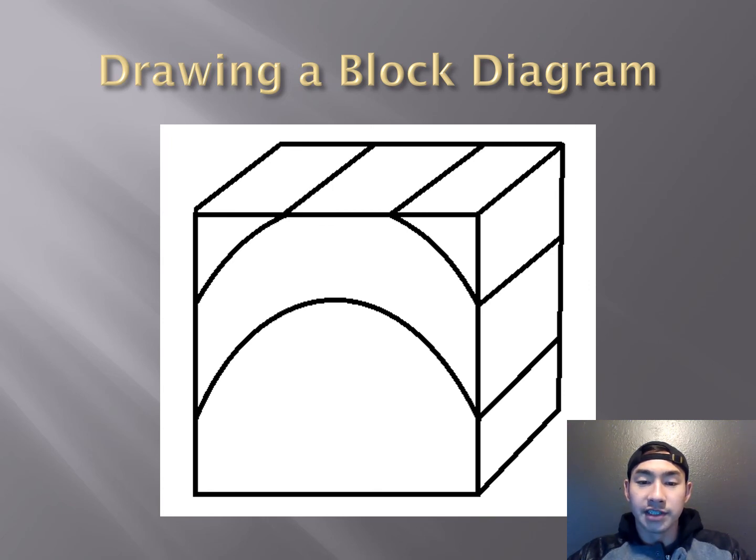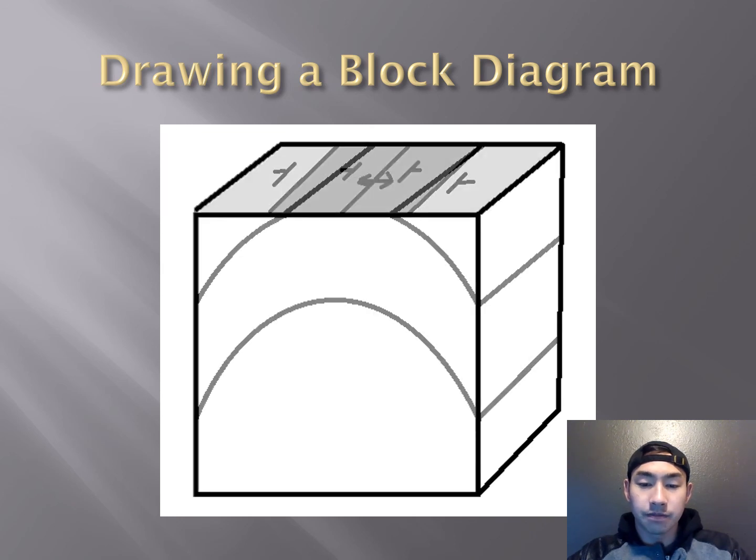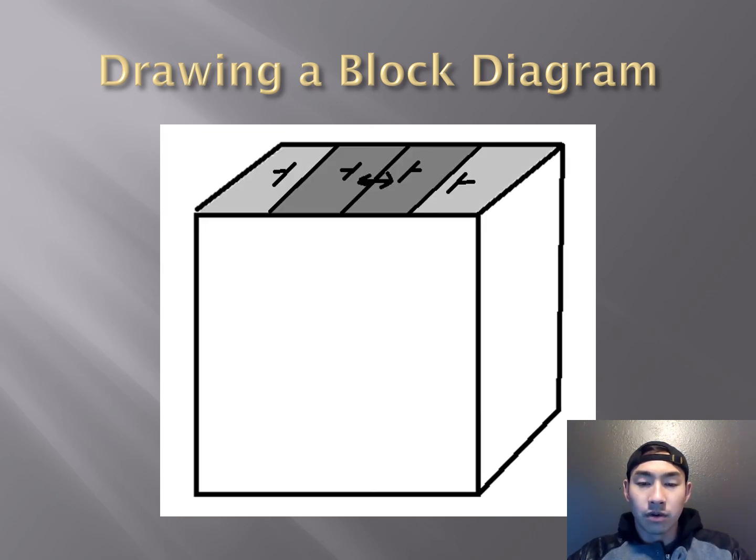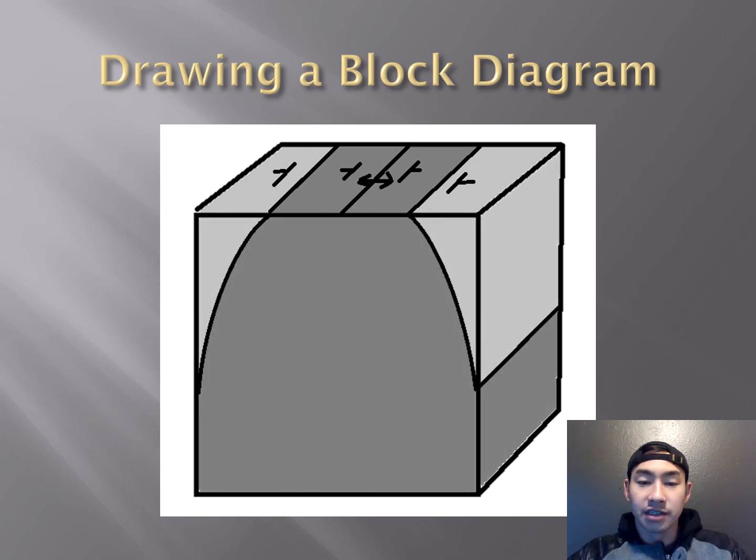So we would trace that line going back to both sides. The other type of block diagram you would encounter is if you were given a fold axis, several strikes and dips, and your goal is to draw the shape, essentially. So we can tell that this would also be an antiform.